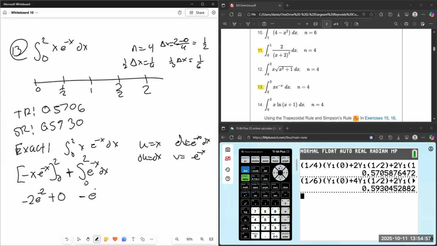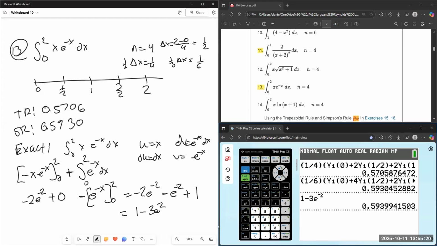Then we'll have minus e to the negative x when we integrate, evaluated from 0 to 2. It's negative 2 e to the negative 2 minus e to the negative 2 plus e to the 0, which is 1. So that'll be 1 minus 3e to the negative 2, which is approximately 0.5940. That's probably been the greatest error so far between Simpson's rule and the actual value.